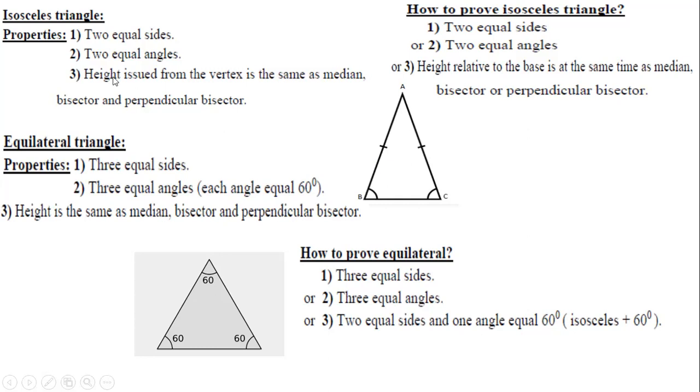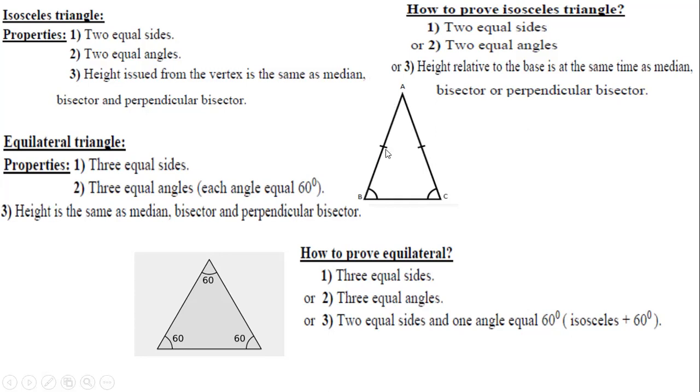Number three, the height issued from the special vertex is at the same time called a median, a bisector, and perpendicular bisector. Let me give an example about each one using triangle ABC. As you can see, triangle ABC is isosceles. How did I know?